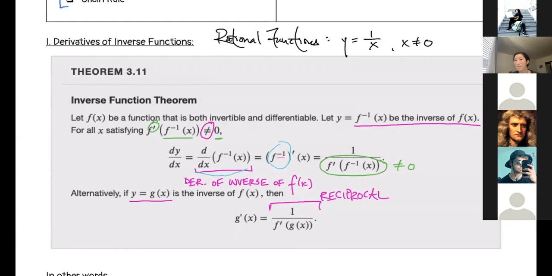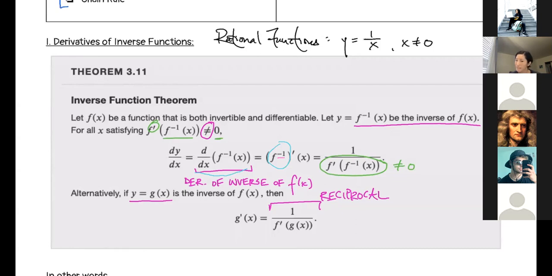I think they're saying that for the same reason as in the rational function y equals 1 over x, that x can't equal 0. Which is exactly like we said in the chat, can't have 0 in that denominator because dividing by 0 causes a whole bunch of problems for us. So hopefully that clarifies why we have that not equal to 0.